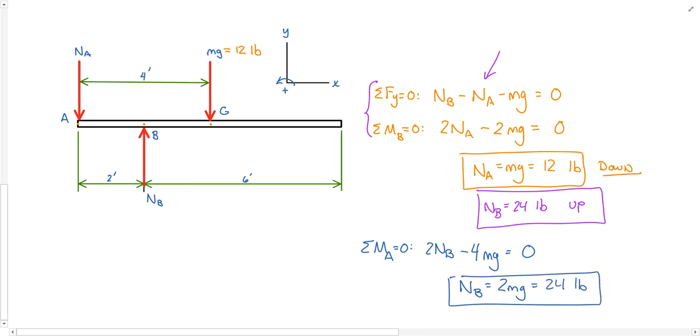So any number of ways to solve it. These are probably the two that would be the most used. And we don't have to use the sum of the forces in the y, but we certainly can. Again, this is a nice category of problem because all the reactions are pointing either up or down. All right, that's it.